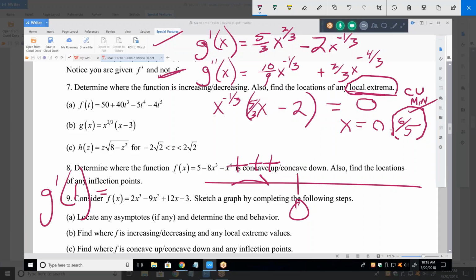That's 5/3 minus 2, because 1 to the negative 1/3 is 1. And that is negative. So indeed, we do have a local extrema at 0. Is it a maximum or a minimum? It's a maximum. It's concave down, therefore it's a maximum.